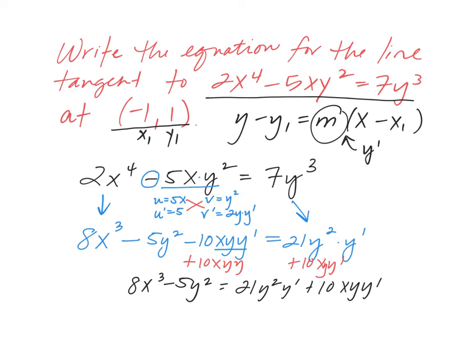Now my point in doing that is to be able to factor out my y prime. So I'll take a y prime out front. I'll be left with 21y squared plus 10xy, and over here I'll have the 8x cubed minus 5y squared.